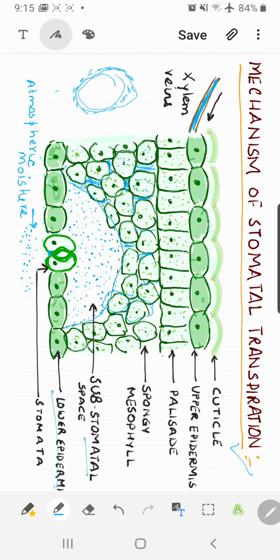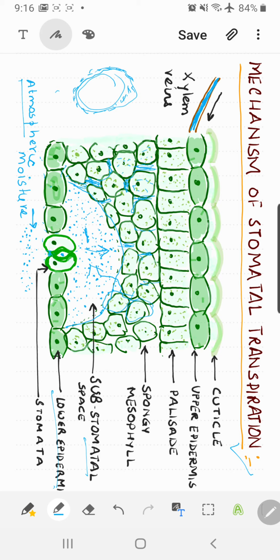And this water vapor, after moving through intercellular spaces, will come and accumulate in the substomatal space. That's why you can see so many blue dots here. This is just to tell you that there is a saturation of water vapors present in the substomatal space, right? That means concentration wise, this area is much higher in water vapors when compared to the atmospheric moisture.